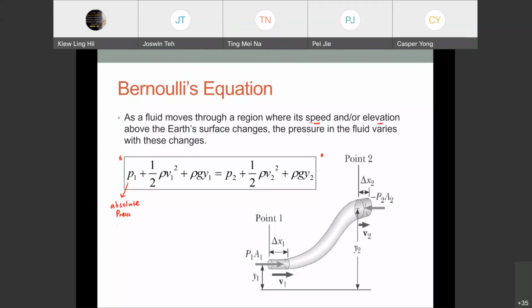Remember the SI unit for pressure is Pascal or Newton per meter square, plus half rho V square. Rho is density in kg per meter cube. V, this is a small capital V, so it is velocity of the fluid in meter per second, plus rho g y. Rho is the density, g is the gravity acceleration, and finally y is the elevation.